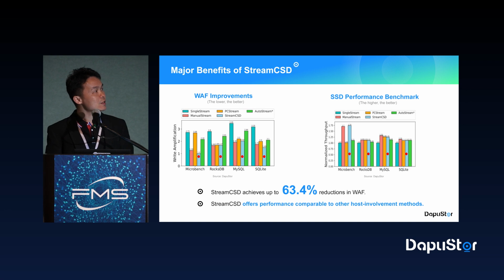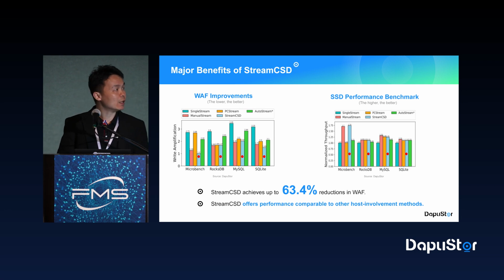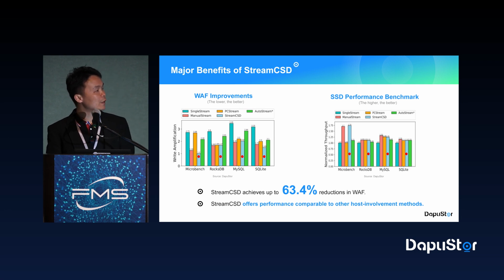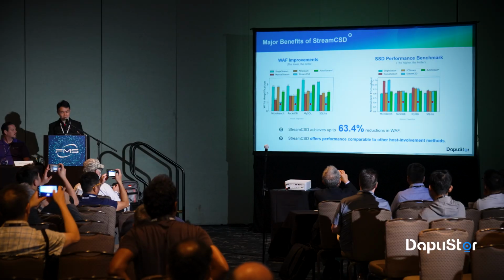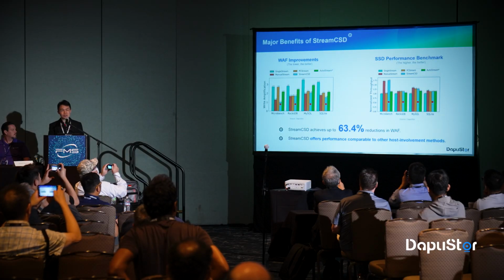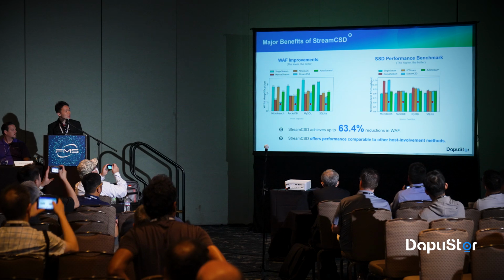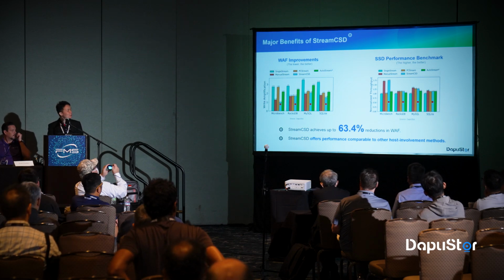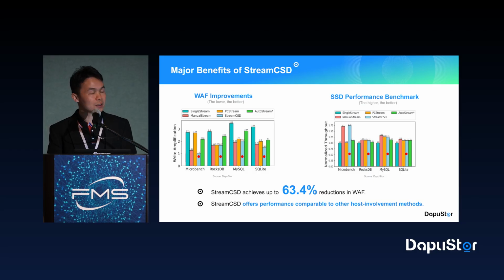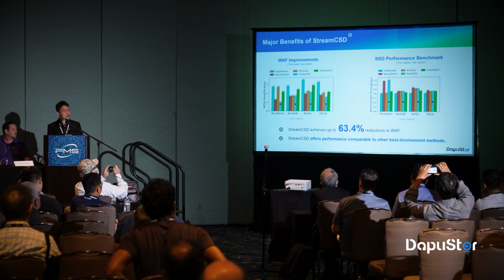The performance of Stream CSD is also much better than single stream. In this work, Stream CSD can achieve up to 63% reduction in WAF, and also offers performance comparable to other host-involved methods. It's very impressive.